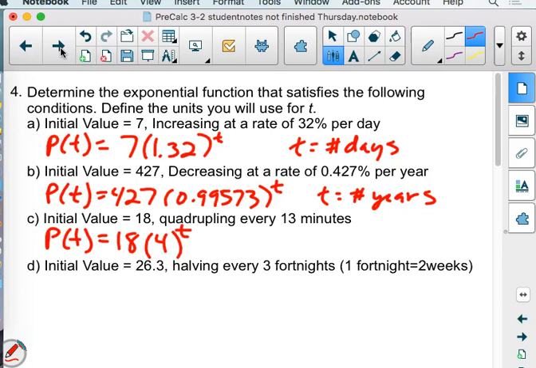So it says every 13 minutes. Now there's going to be a couple of ways for us to do this, but I think if we stick with what we already know, we'll be okay. So if this is every 13 minutes, what should we do with this? Put it over 13, yeah. And say t equals time in minutes.